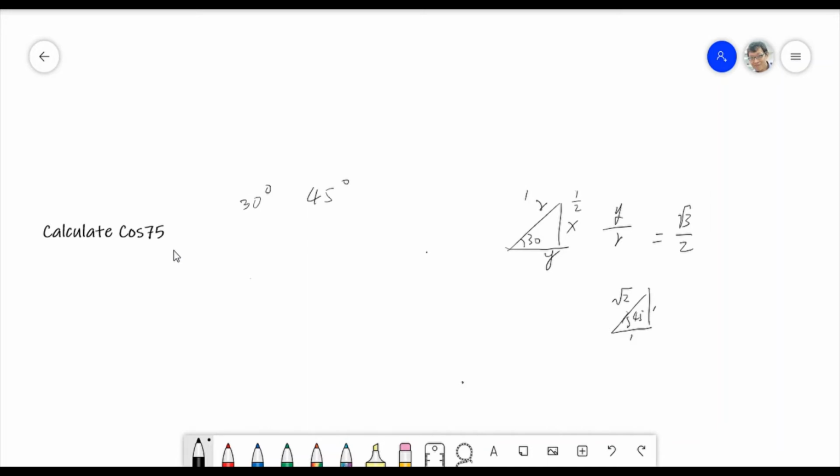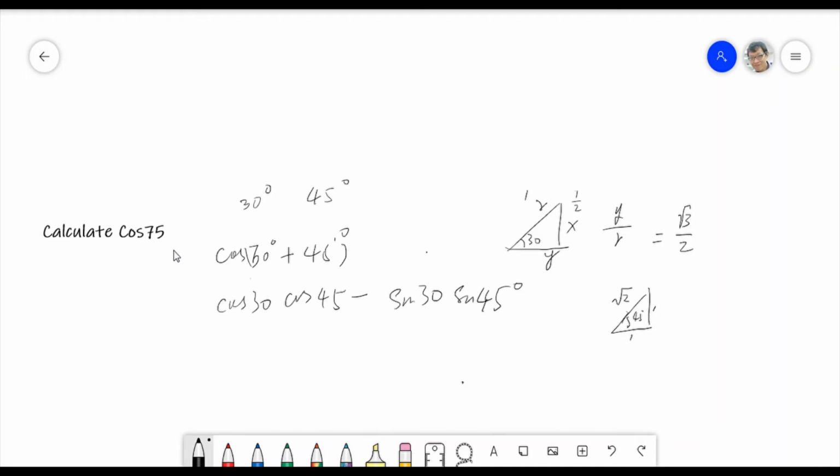Here I draw them. So for this one, we can write cosine 75 as cosine of 30 plus 45. Since it's plus, it becomes a minus in between. So cosine 30 times cosine 45, minus sine 30 times sine 45.